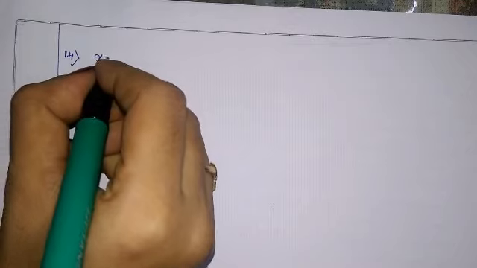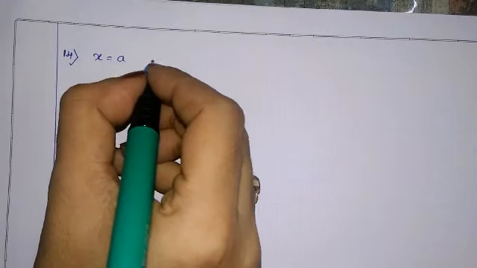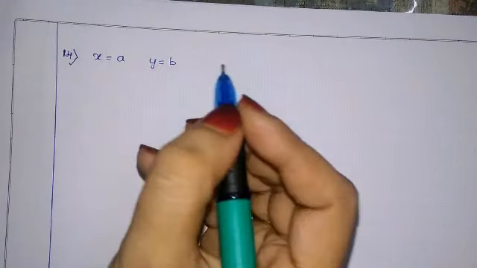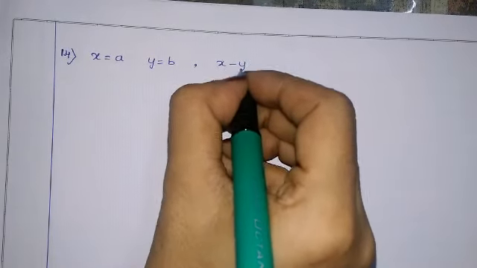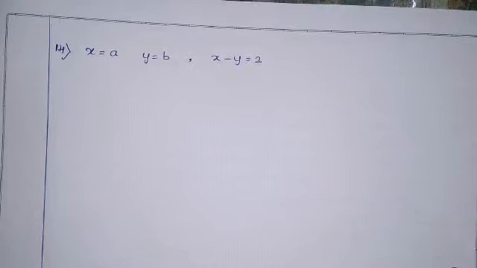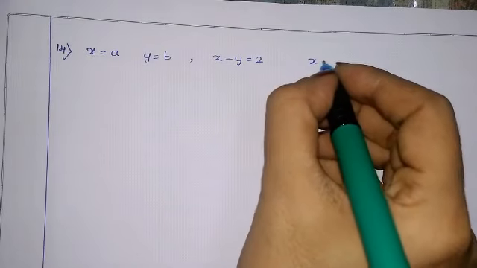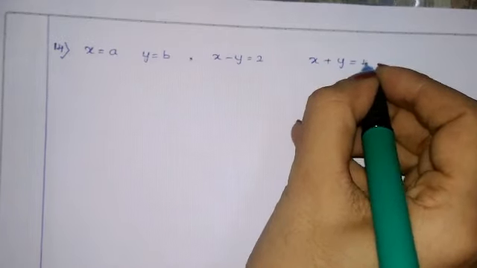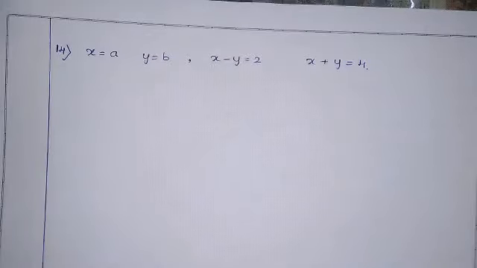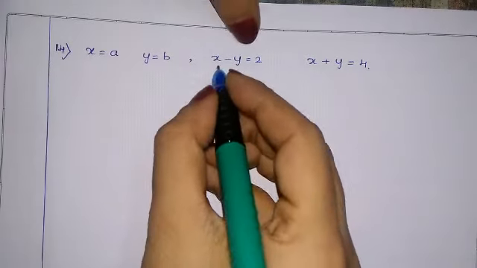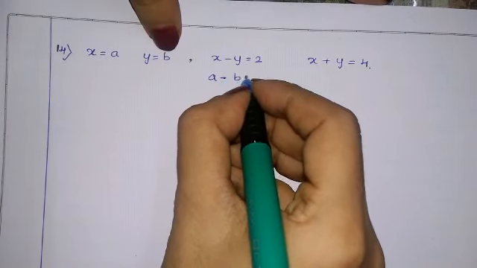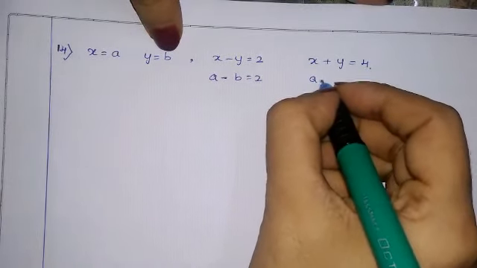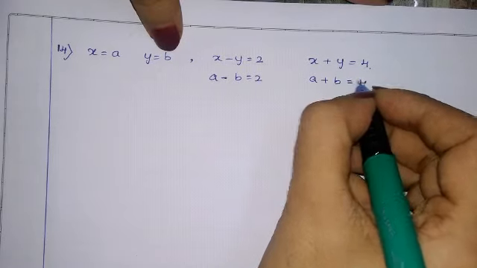So x = a and y = b, and the given equations are x - y = 2 and x + y = 4. Find the values of a and b. Let us write the first equation: in place of x, a - b = 2, and a + b = 4.